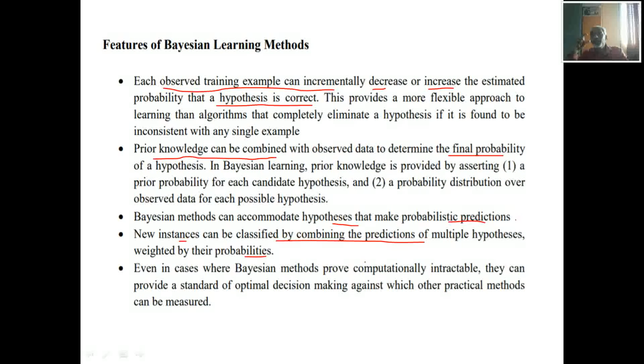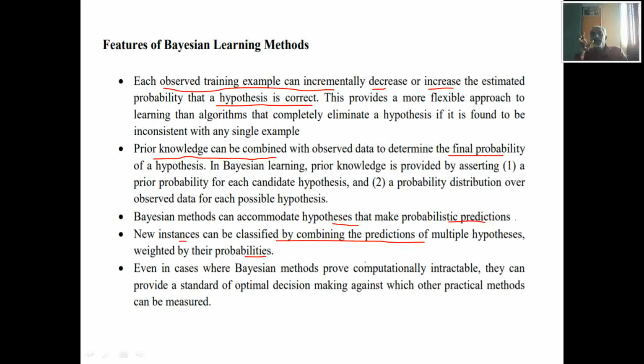Every hypothesis you take from our hypothesis set will have some probability, right? Now when a new instance comes, say for example, you want to classify a ball.